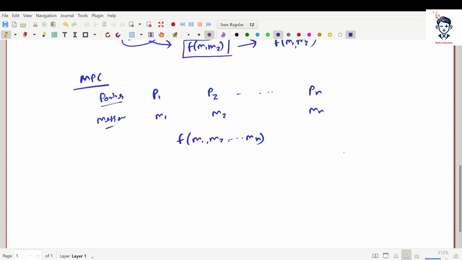They want to compute a function which takes input from all the parties, P1, P2, up to Pn. But again these are distrusting parties. One obvious solution would be to assign P2 as a leader, and everybody gives their message to P2, who can compute this function.